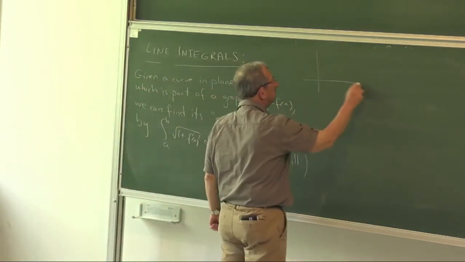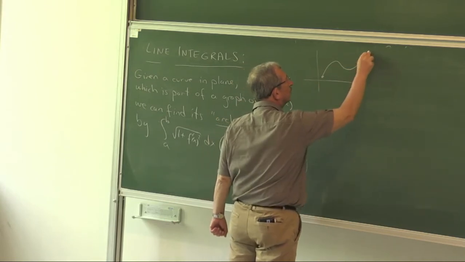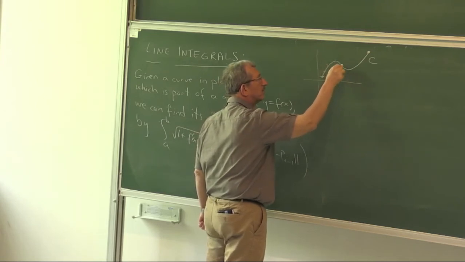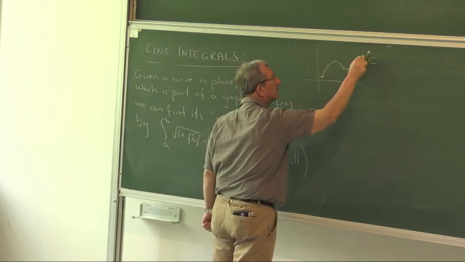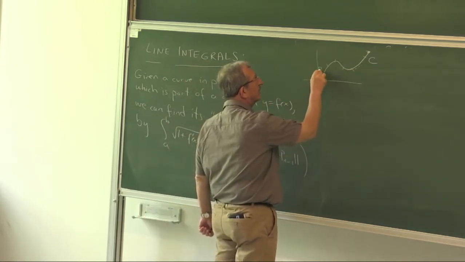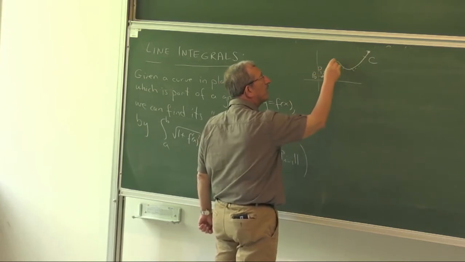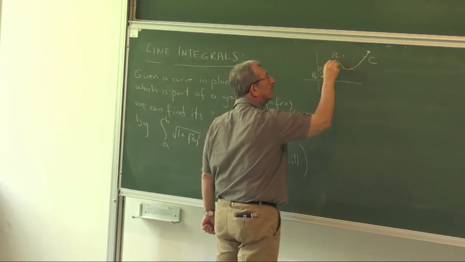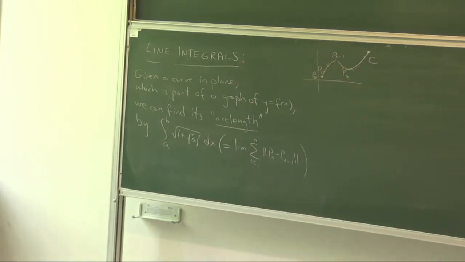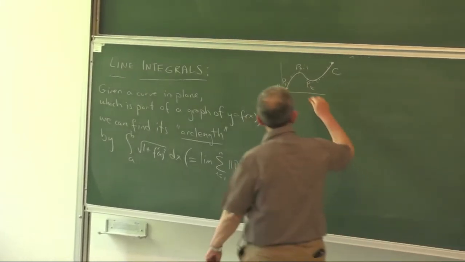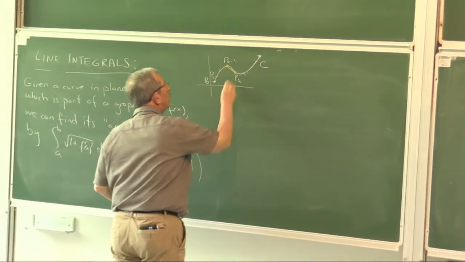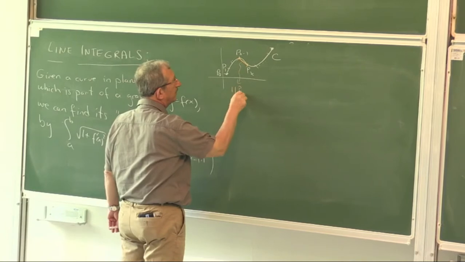Well, in the plane, say this is our curve, C. We partitioned C into pieces. We started with some P0, and then P1, etc. And then we had some P_{k-1} and P_k, and we connected these points, which was exactly the length of P_{k-1} to P_k.